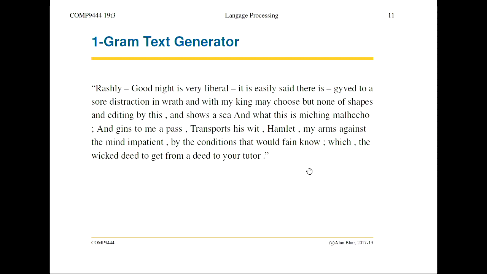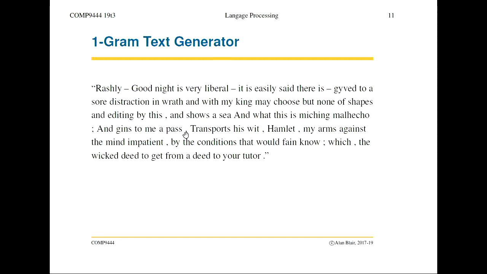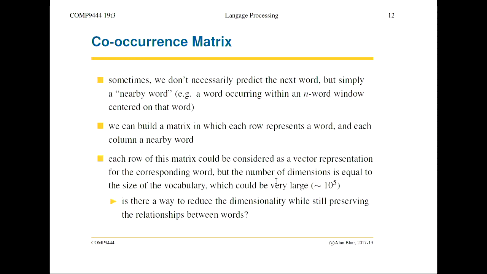It does sound a little bit like Shakespeare, but it's just kind of gibberish. But if you just look at a few words at a time, it might make a little bit of sense.